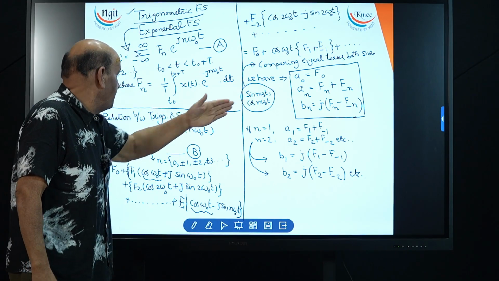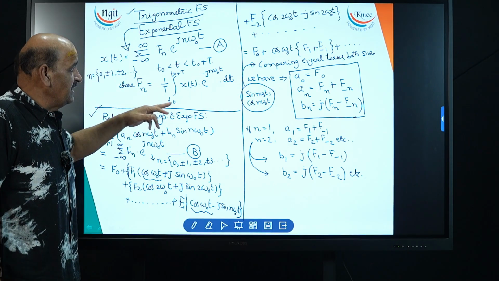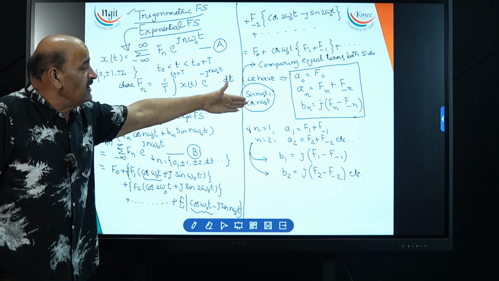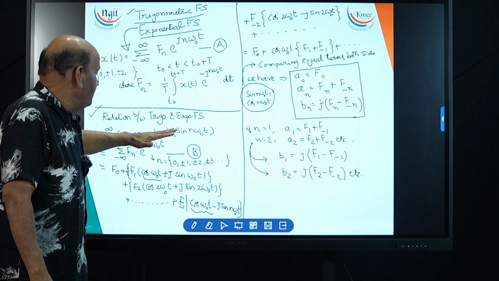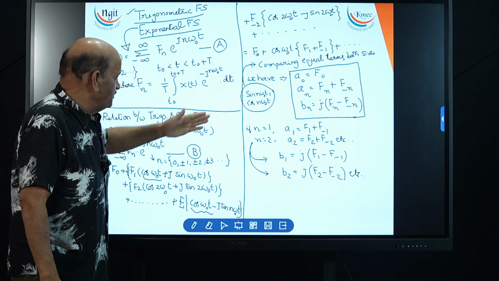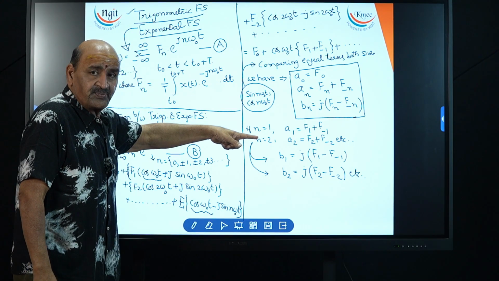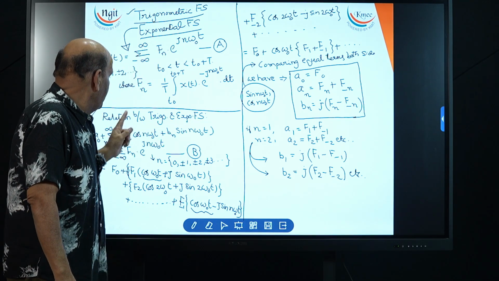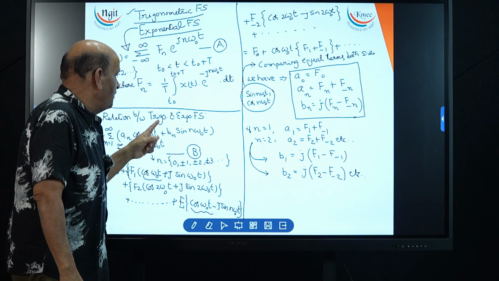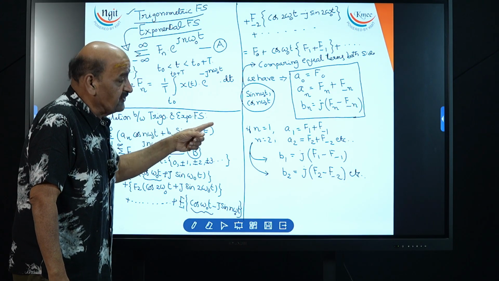These relations are important. In the examination, generally this representation is asked for 2 marks or 3 marks. If it is given 5 marks, you are supposed to write the representation of the exponential Fourier series, and this is the relation between the trigonometric and exponential Fourier series.